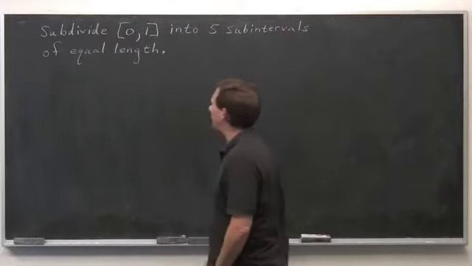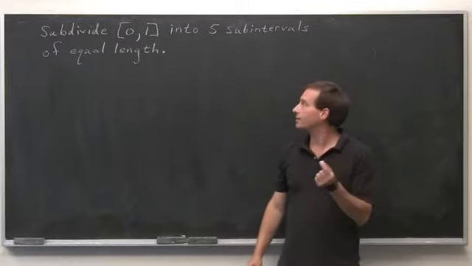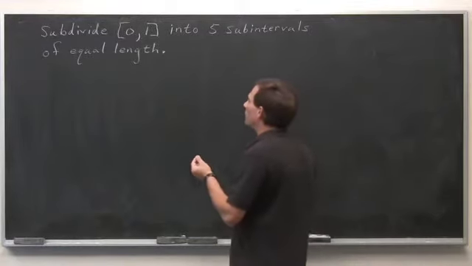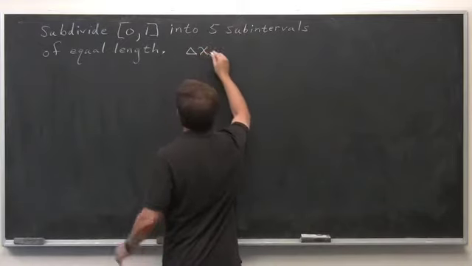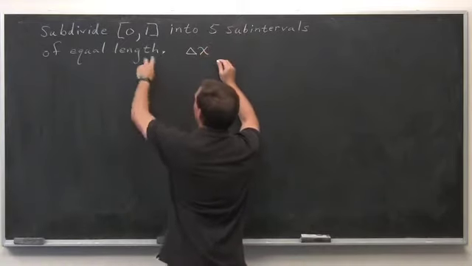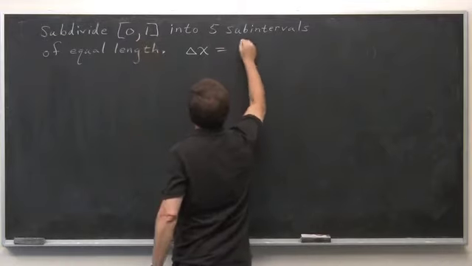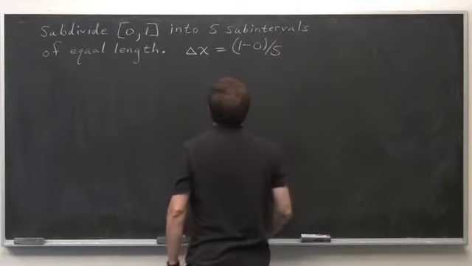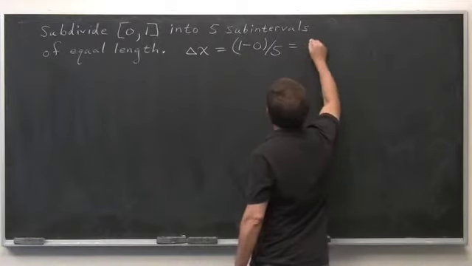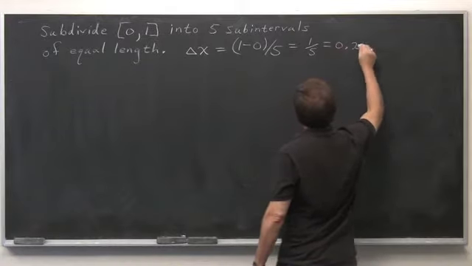Well, then what will the length of each subinterval be? The length of a subinterval in a partition is delta x i, but all of ours are going to have the same length, so I'll just write delta x. If there's supposed to be 5 of them of equal length, we should take 1 minus 0 and divide by 5. So the length of each subinterval should be 1/5, or 0.2 meters.